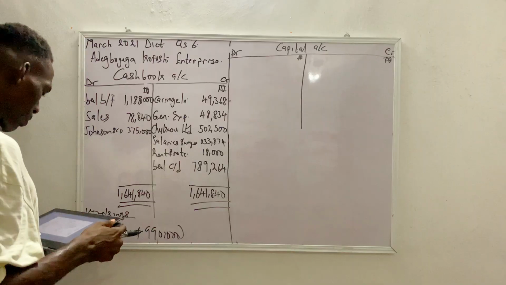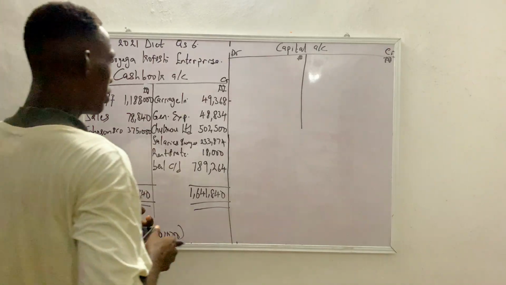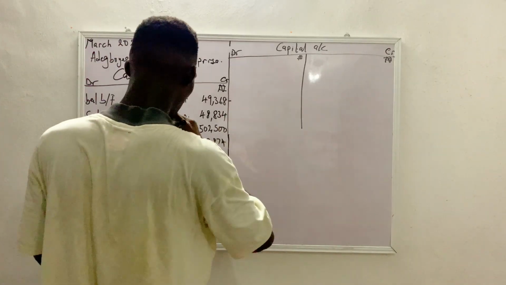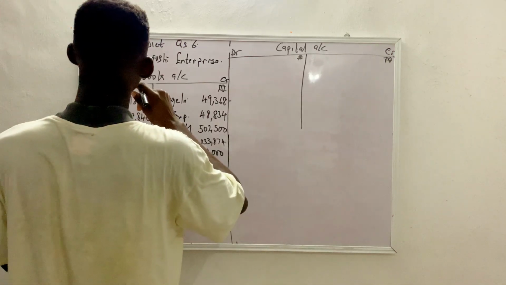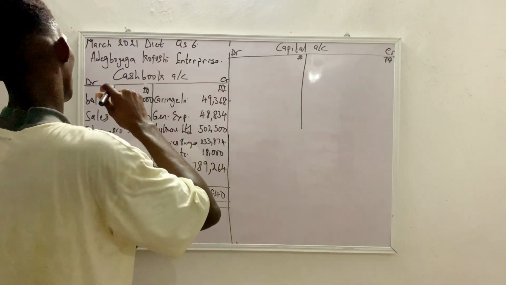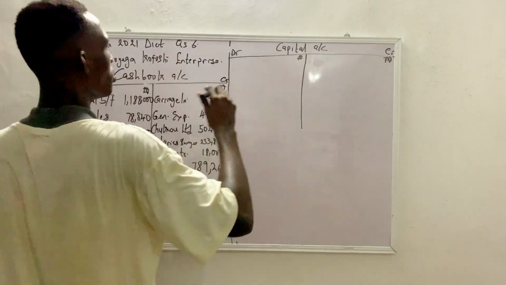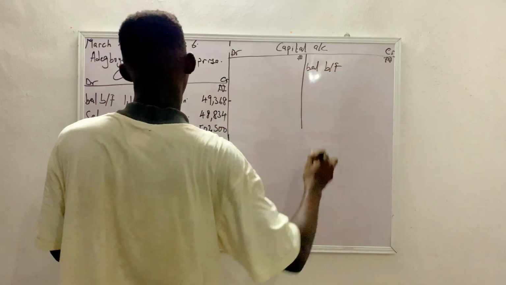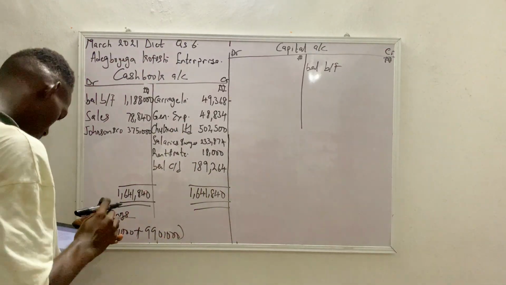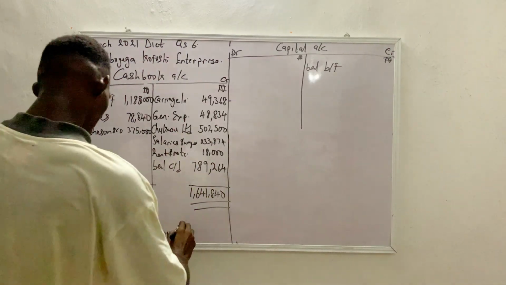Therefore, our total will be, so let's do it this way, because in part of this, what did you introduce? Introduce cash. So to make this easier, we can just write it as our balance what? Balance brought forward as the sum of this.